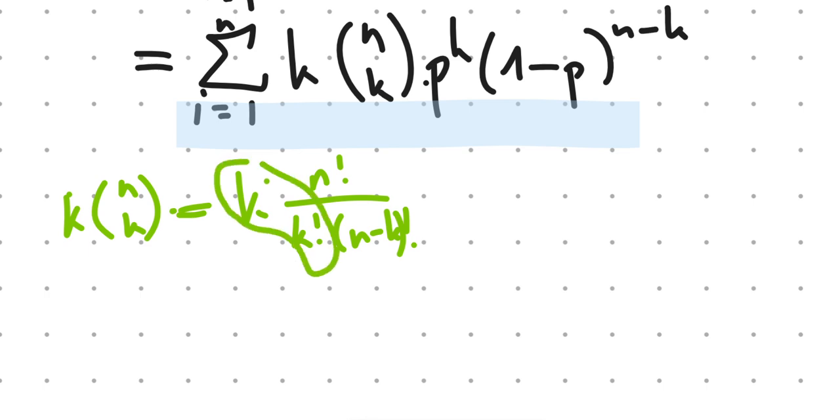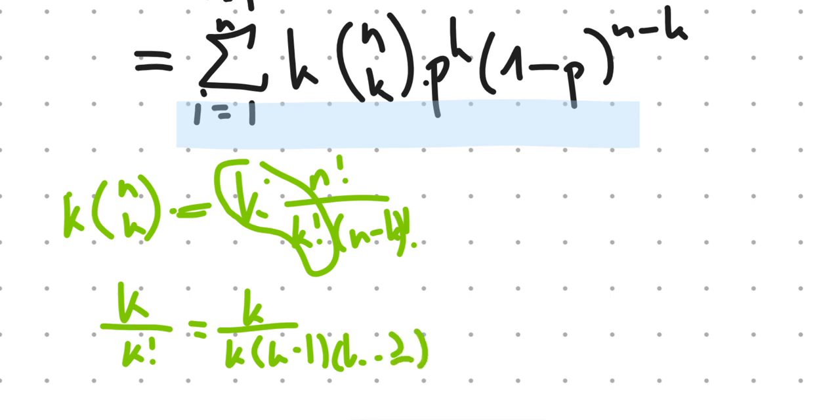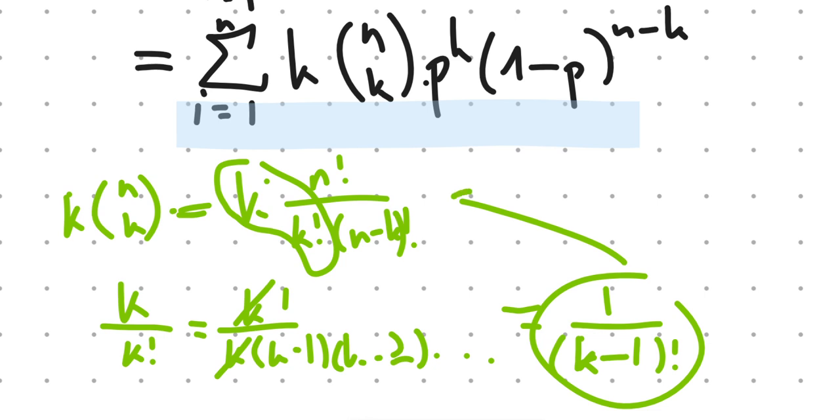Let's take k divided by k factorial, which is the same thing as k divided by k times k minus 1, k minus 2, up until 1. Now you see we can cancel this k and this k out. So it will leave you with 1 at the top in the numerator. So 1 divided by k minus 1, k minus 2, k minus 3, and so on, which will also equal the factorial of k minus 1.